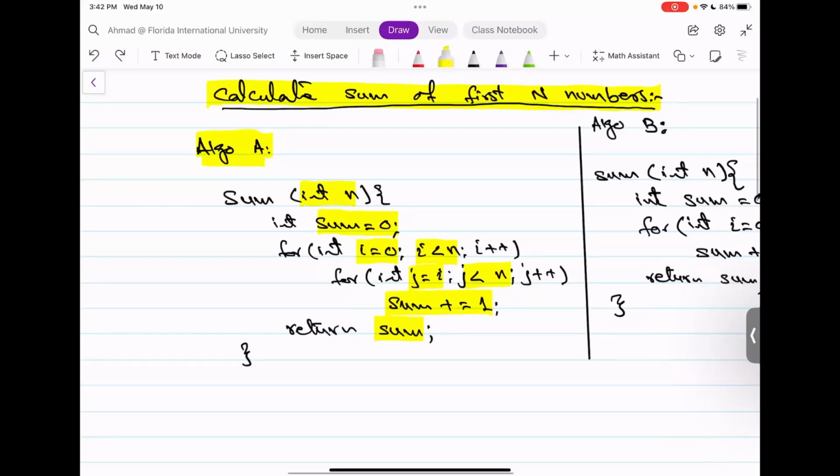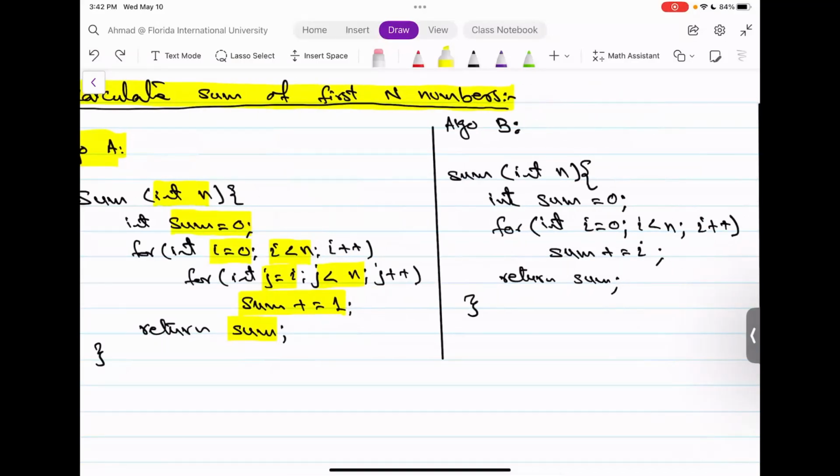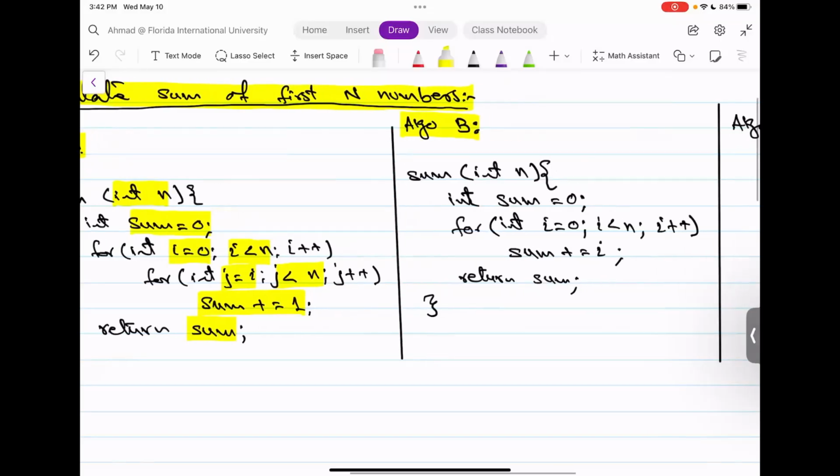Do we have more solutions? Yes, we do have another solution, which is algorithm B. In this algorithm I have the same sum method which takes n as an input. We have the sum variable which will hold the sum of the numbers, and I have one loop starting from 0 to n, similar to the previous algorithm.